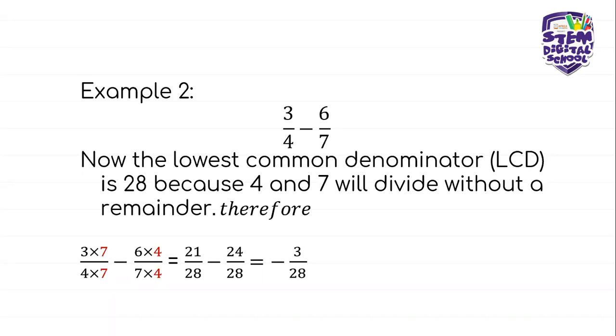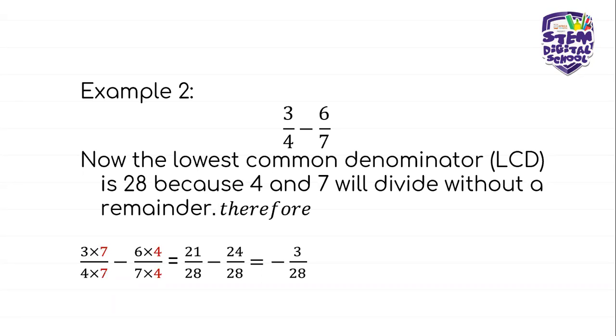Remember, at all material times, you need to find the lowest common denominator. That is what we need to do. In this case, we have chosen to multiply the 4 by 7, because if you multiply 7 by 4, you get 28.